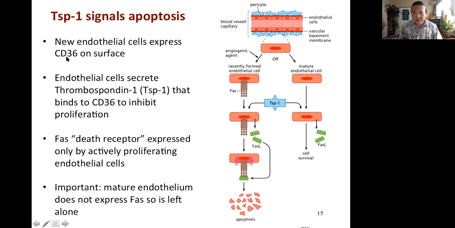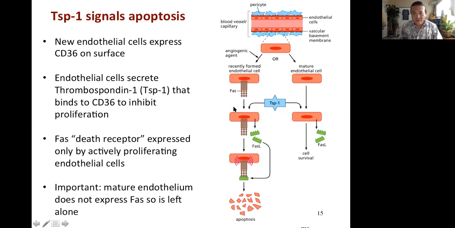So one receptor is CD36, and CD36 responds or binds to this TSP1. So this TSP1 is being released by the mature endothelial cells that are up here, and only the newly formed endothelial cells have the receptor to respond to it.